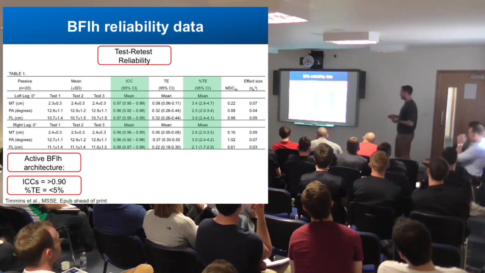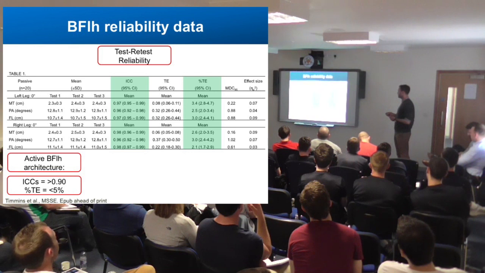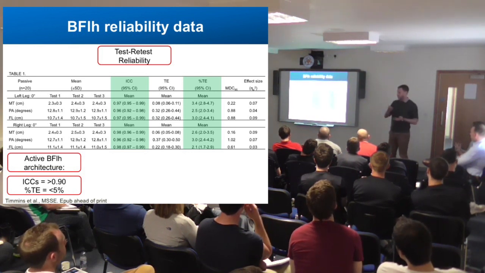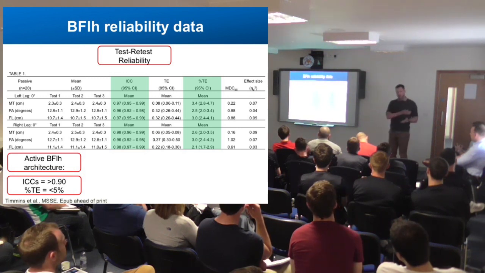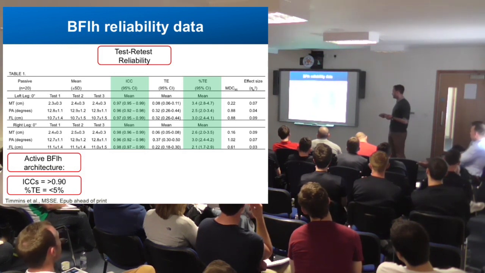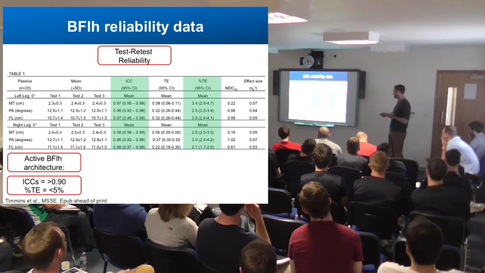Again, we're looking at the ICC measures that Tony introduced earlier and percent typical error. ICC, the closer it is to 1, the more reproducible these measures are. We just got 20 blokes into the lab 3 days in a row and scanned them. We can see that obviously closer to 1, we're quite reproducible with our measures: muscle thickness, pennation angle, and fascicle length.